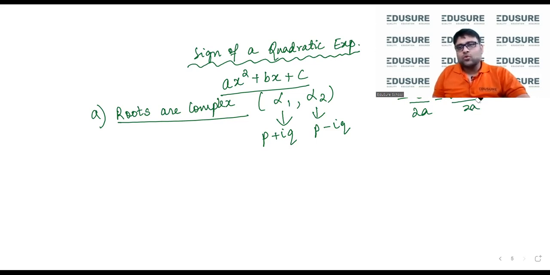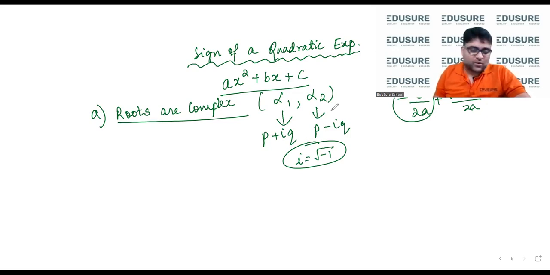So if this root over b square minus 4ac is going to give me a negative, or an i value where i is equal to root over minus 1, one value will be this expression minus this expression, and the other will be this expression plus this expression. So one is p plus iq and the other is p minus iq.